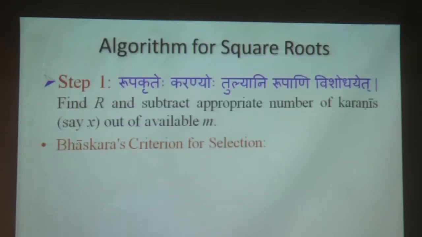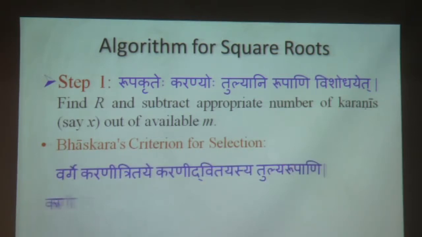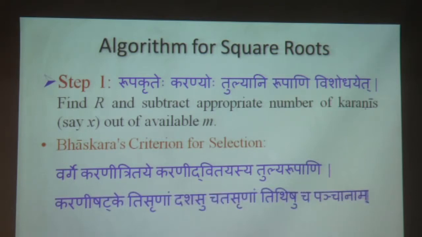That is what Bhaskara is saying when he said that first see how many Karani terms are there in the expression. Then, out of the available Karanis, he says to select a proper number of Karanis for further expression. And the criteria for selection is like this. "Varge Karani Tritaye Karani Vidyasya." Means if there are 3 Karanis, select 2.